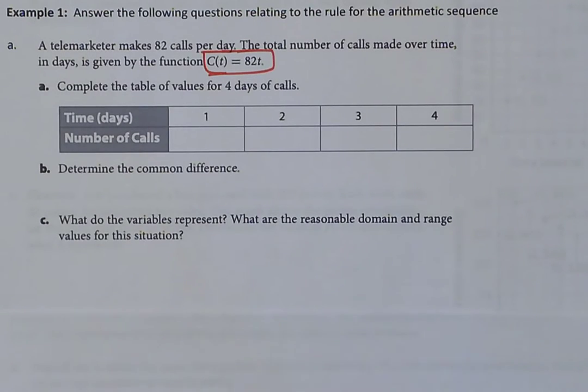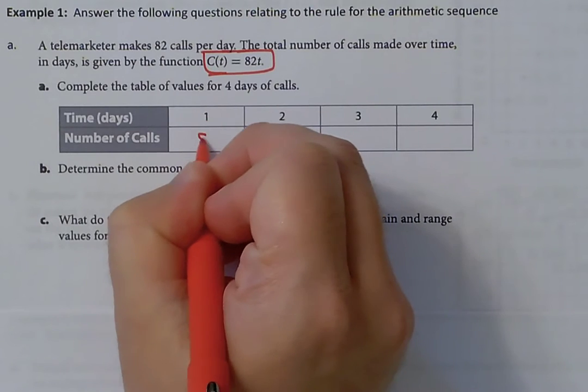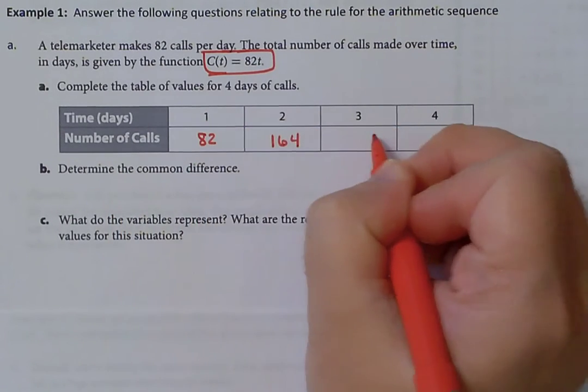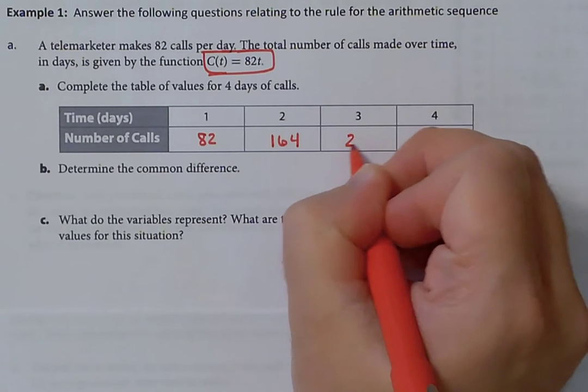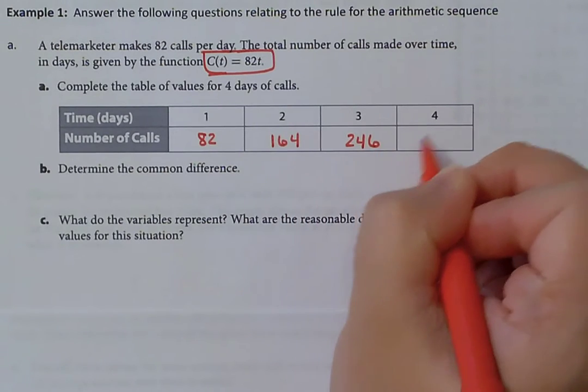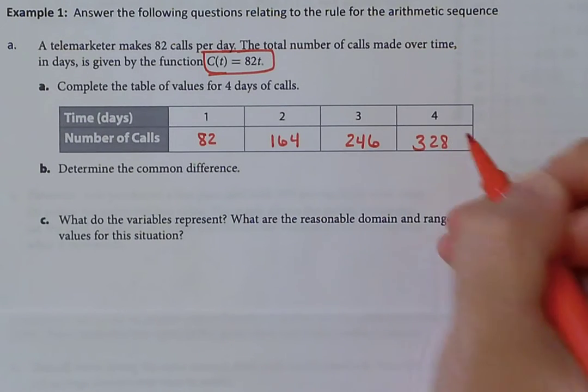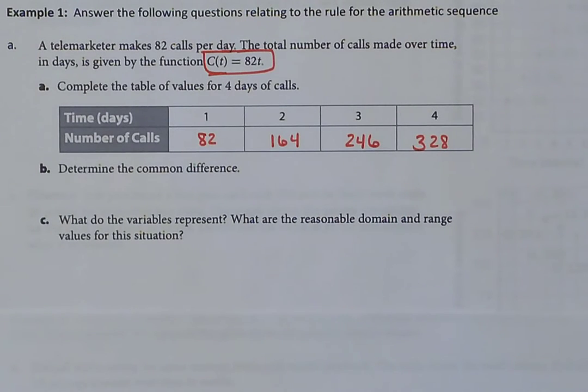So that means for 1, it's 82, 2 is 164, 3 is 246, and 4 is going to be 328. All right, and that is all that I have to do for part A, just because it asked me to complete the table, and we have completed the table.